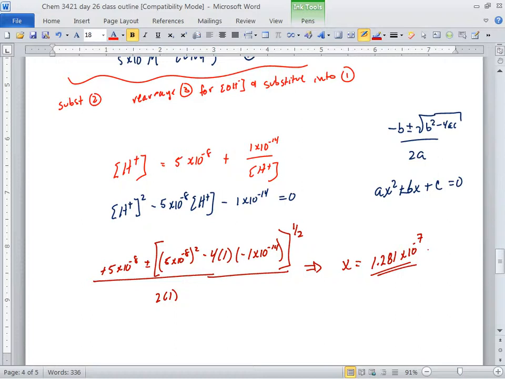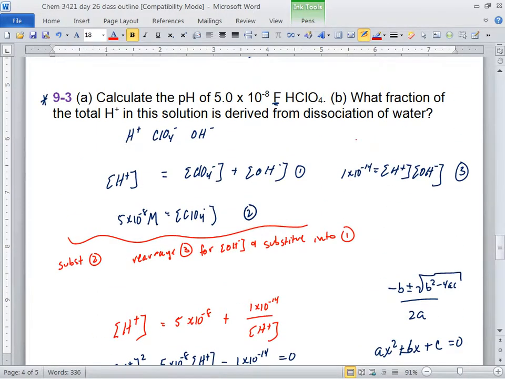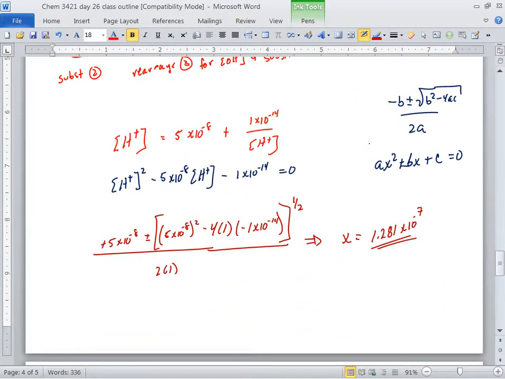Total. All these numbers are total hydrogen ion concentrations, doesn't matter what equation you pick. It's the same number in all these expressions. There's no little subscript A and little subscript B here. That's your answer. So we want the pH, so we just take the negative log of it.